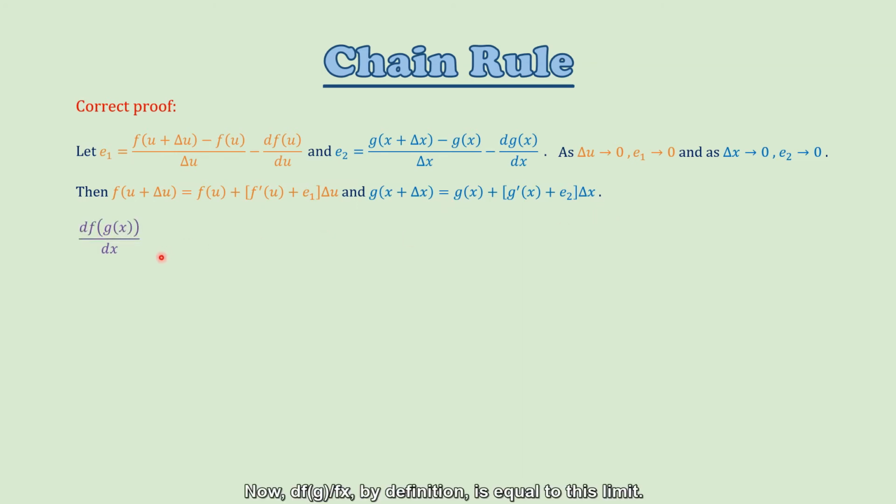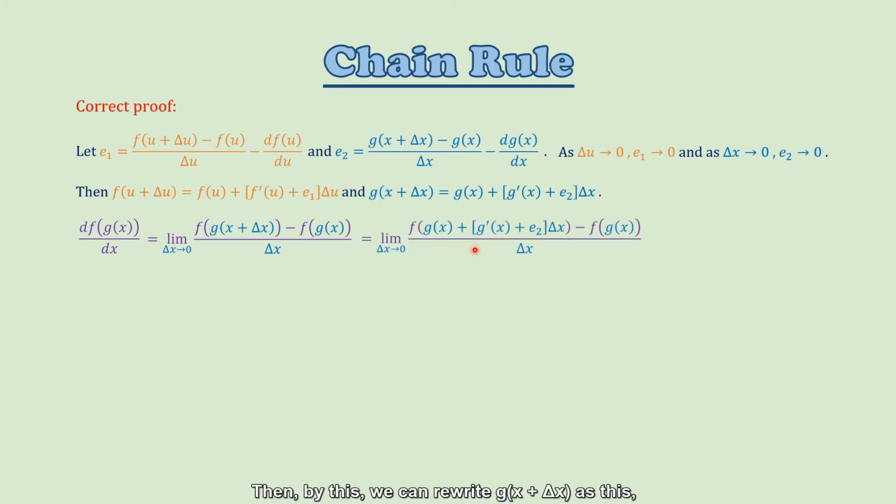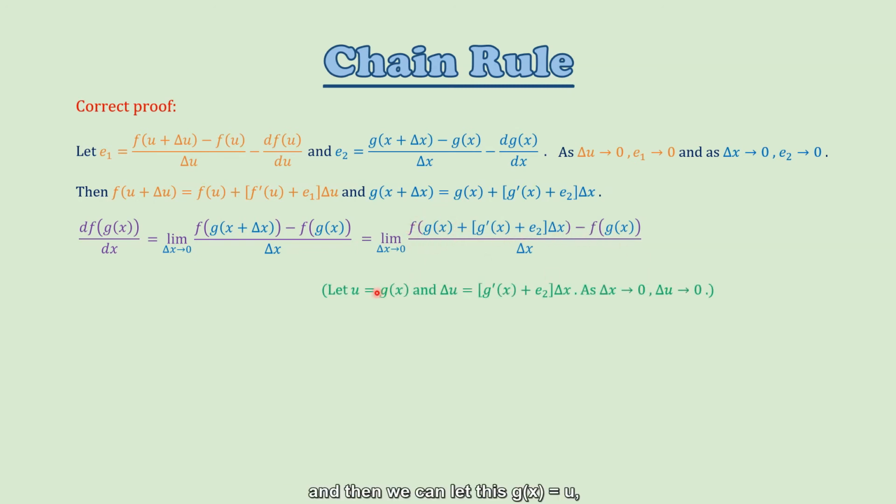Now d(f∘g)/dx by definition is equal to this limit. Then by this, we can rewrite g(x+Δx) as this. And then we can let this g(x) be u, and then we can let this whole thing be Δu, so that as Δx approaches 0, Δu would approach 0 as well. And afterwards, we can rewrite this as f(u+Δu) minus f(u).